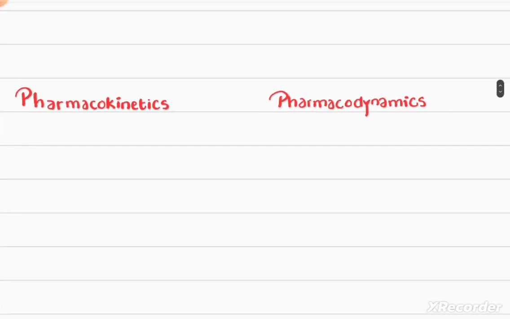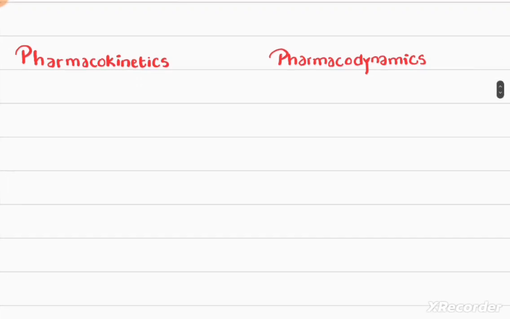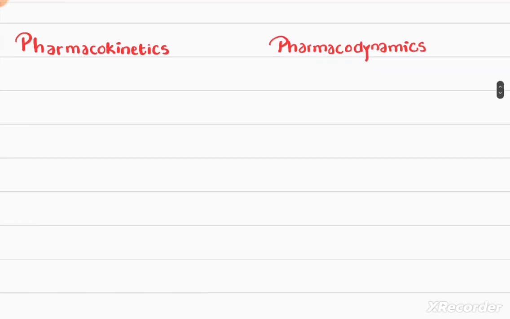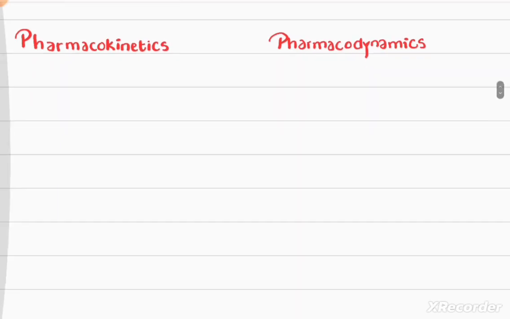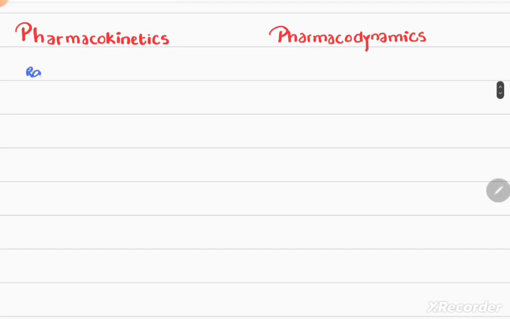Moving on towards the pharmacokinetics of these drugs. The loop diuretics are rapidly absorbed. They have a very rapid oral absorption.